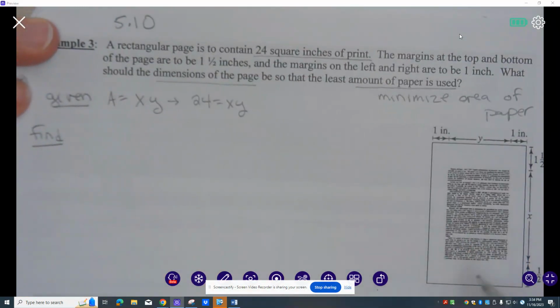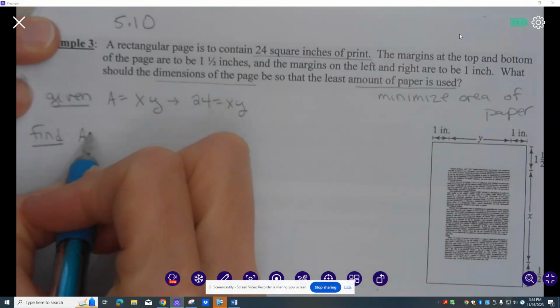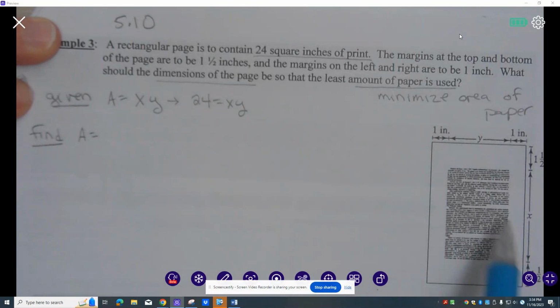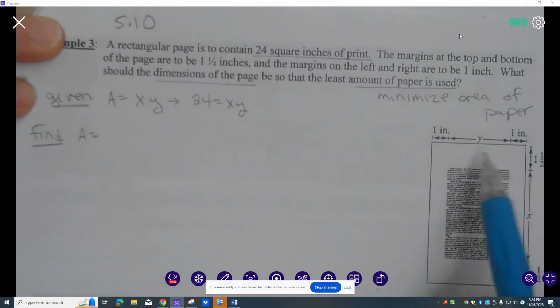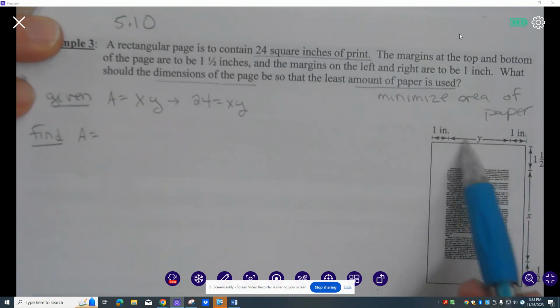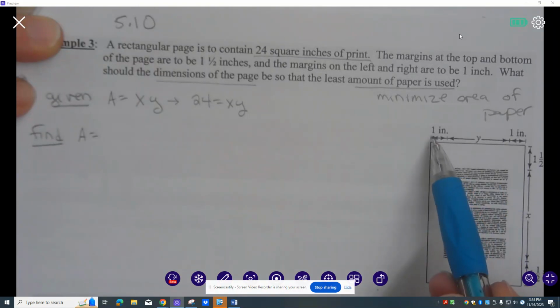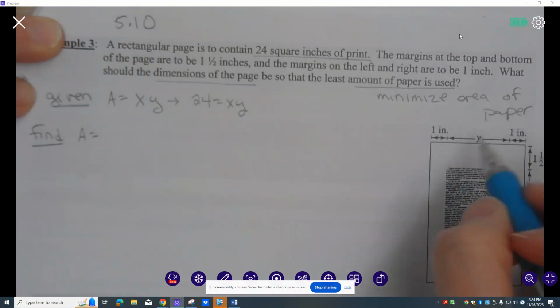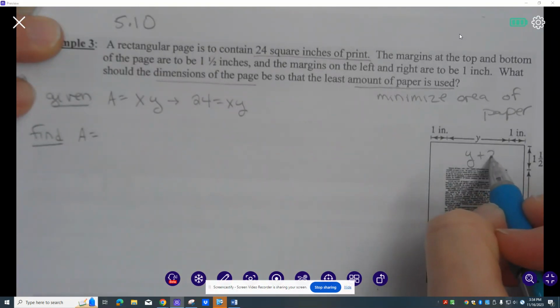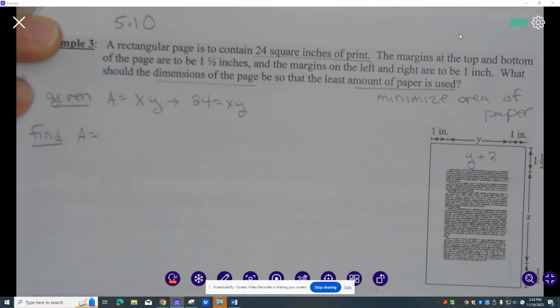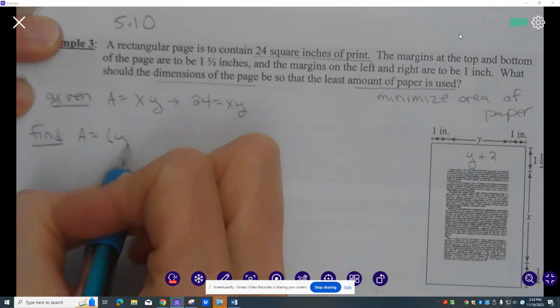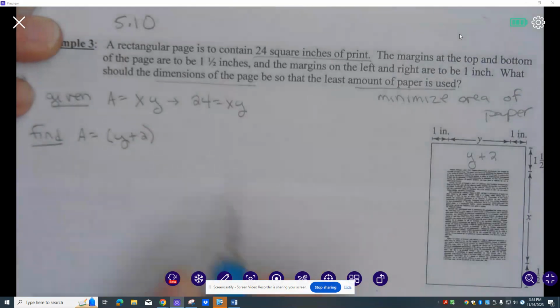I need to move over here. Again, area of a rectangle is normally length times width, but we're going to use X times Y. But notice Y is the width of this print. So my area of the page would be Y, and then adding in this inch and this inch. So this width would be Y plus 2. So my area would be width times length.